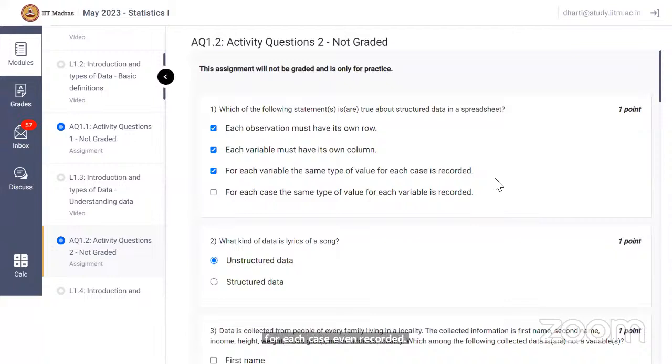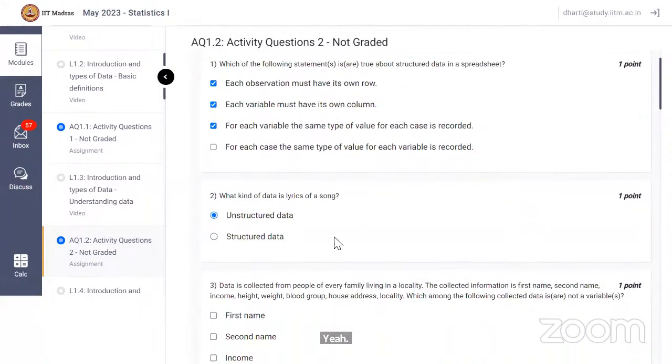If we collected height and weight, is kg the value? If you are measuring height, then for all the cases your height should be in, let's say, centimeters. Then all the values in that column should be in centimeters only. You should not mix inches or feet in that column. Okay, ma'am.